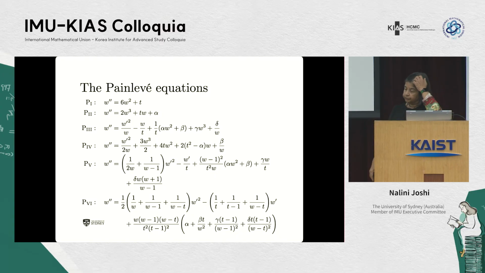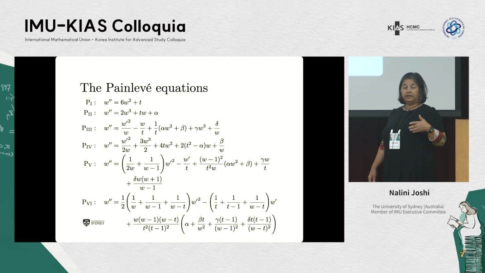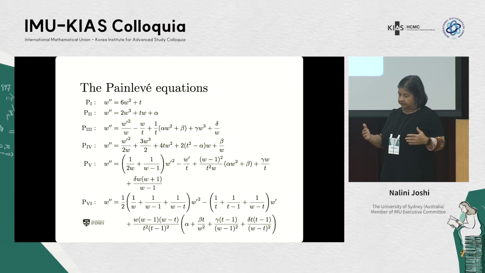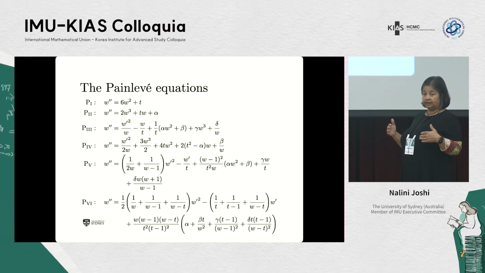So the crucial question here is, what are their global behaviors, and how can we deduce them? There's been a lot of conjectures, a lot of assertions, but proofs are few and far between, even now.